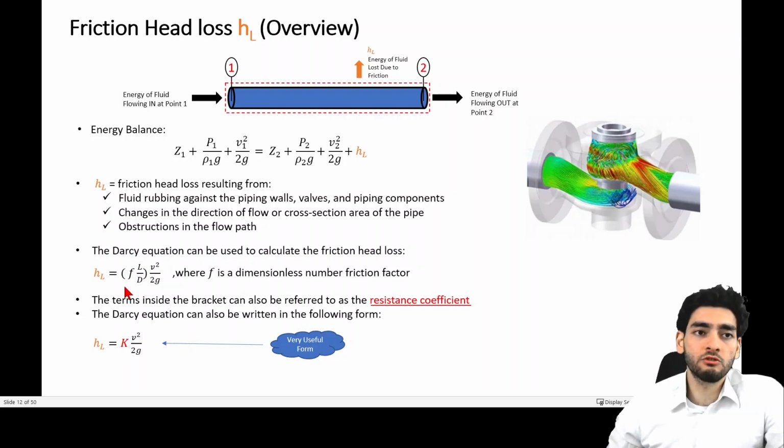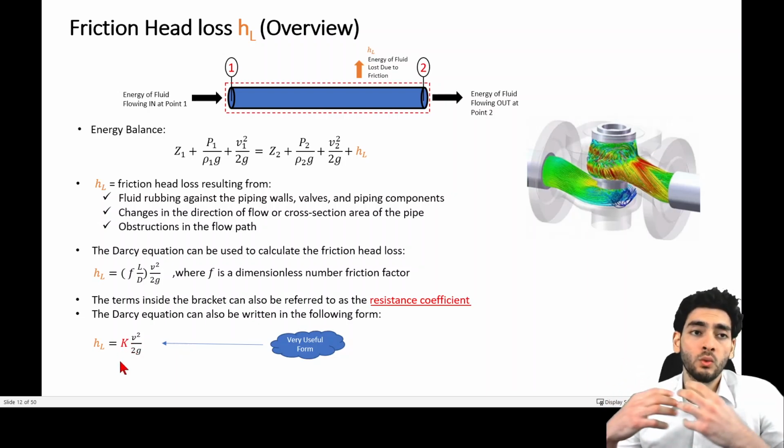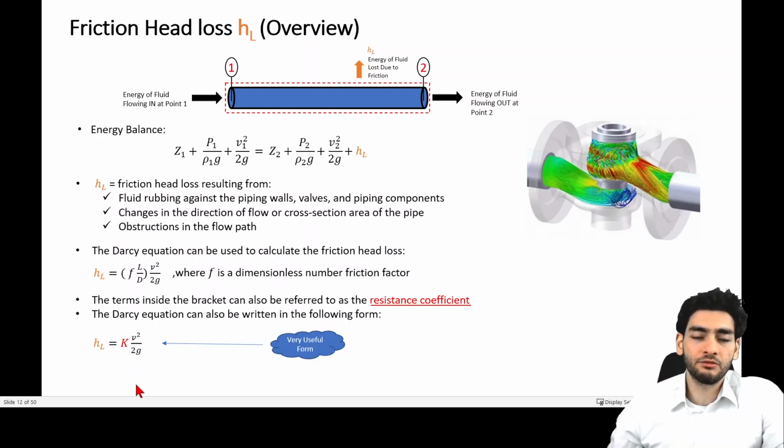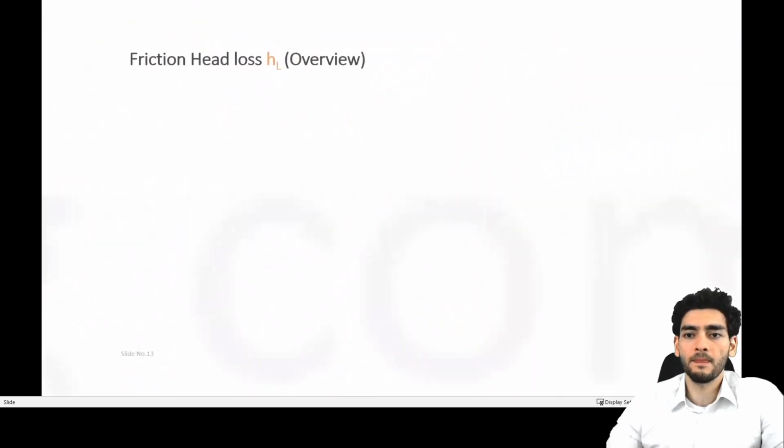And so if you rewrite the Darcy equation, this final form is the one that we would be using, which is the frictional head loss is equal to the resistance coefficient, which here is represented as capital K, multiplied by the fluid's velocity squared, divided by 2 times the gravitational constant. And essentially, the resistance coefficient is a more useful way of calculating the friction head loss, and I'll tell you why in the next slide.